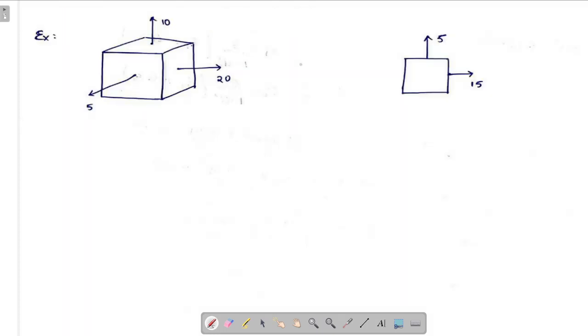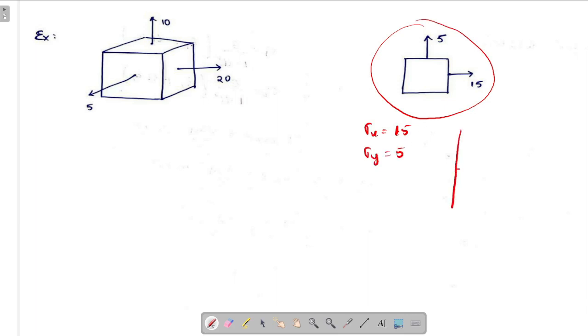Okay. Now let's see how to draw the Mohr circle for this condition. Here they gave sigma x as 15 and sigma y as 5, and there is no shear acting. First we will point sigma x comma tau x y. As tau x y is 0, it will be (15, 0).